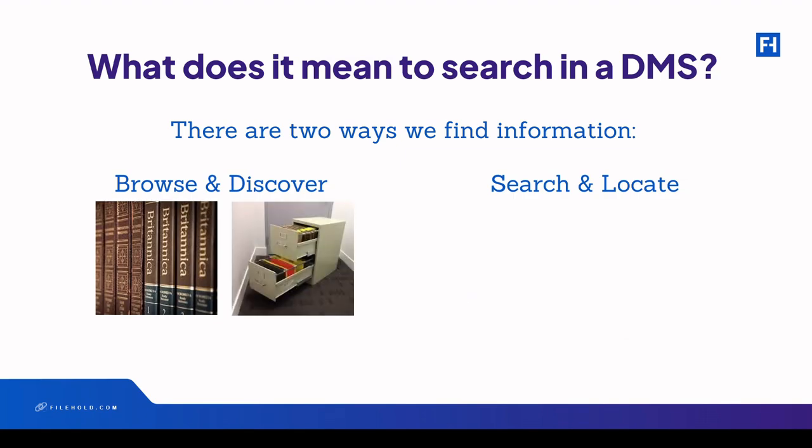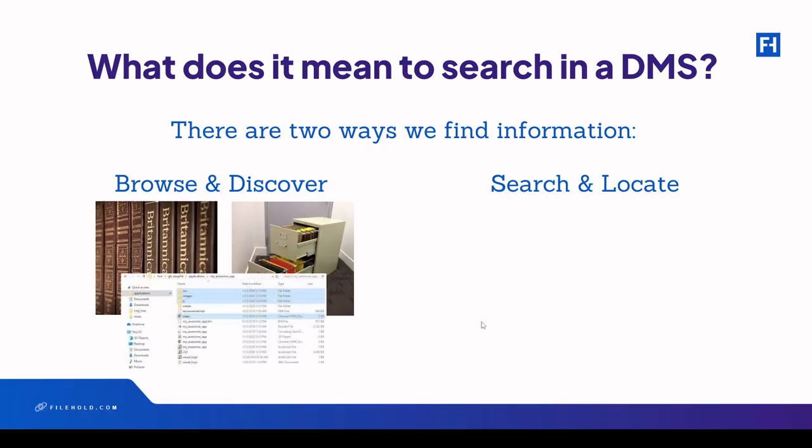I go over to my filing cabinet, I look at the label on the front of it, I open it up, I look through my drawers, look through my folders, I find my documents, I start looking for my particular content. And actually, an even simpler example of that would be Windows. If you've used Windows and a standard filing structure in Windows, then you know for sure that you've had to browse through someone else's folder structure until you eventually find exactly that thing that you're looking for.